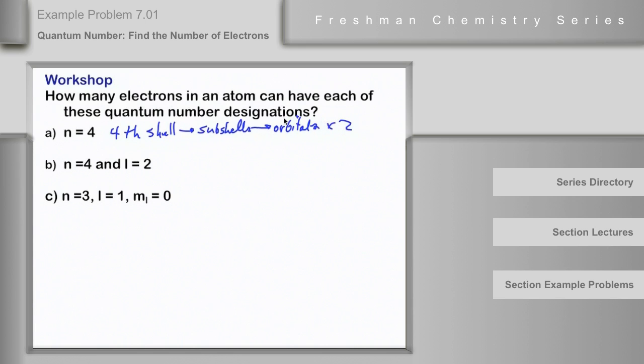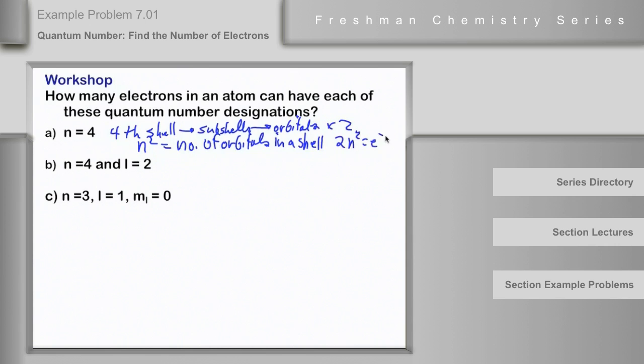Or you can remember that n squared equals the number of orbitals in a shell. And therefore 2n squared is the number of electrons.